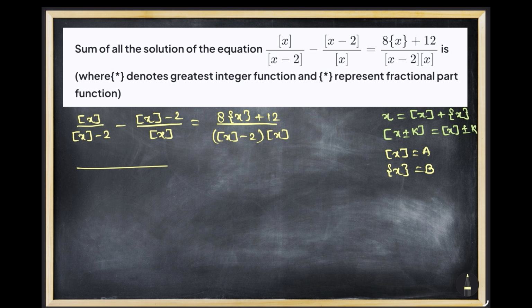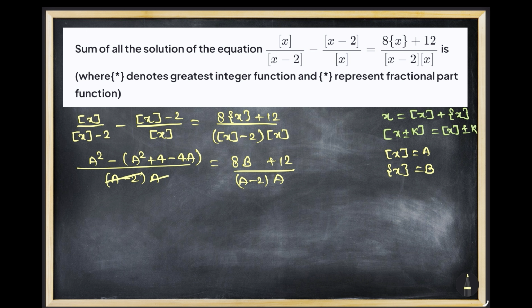I will take the LCM. So the LCM will go this way: (A minus 2) into A. So it is A square minus (A minus 2) whole square, so A square plus B square minus 2AB equals 8B plus 12 upon (A minus 2)A.